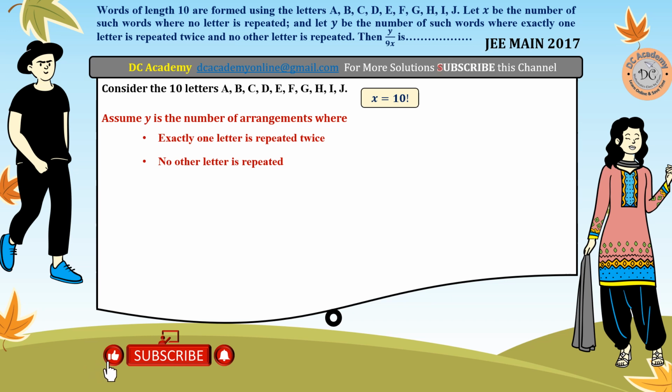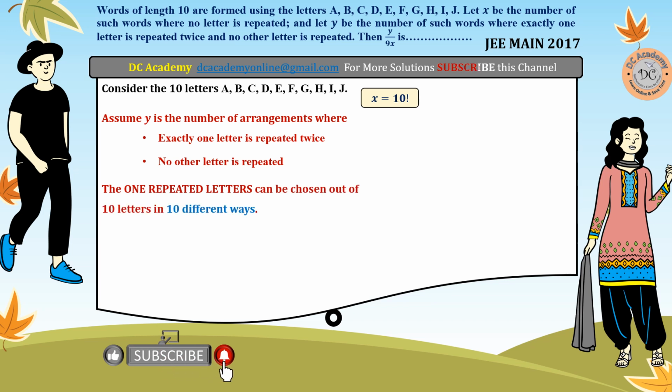How many ways can the repeated letter be selected? You may select A to be repeated, your friend may choose double B, someone may choose double F. So we are not sure, and therefore that one repeated letter can be chosen out of the 10 given letters in 10 different ways. That's it.